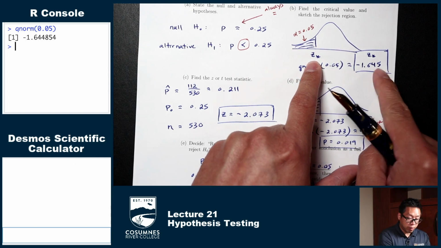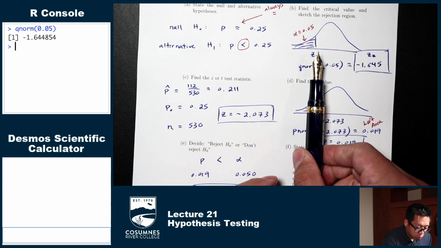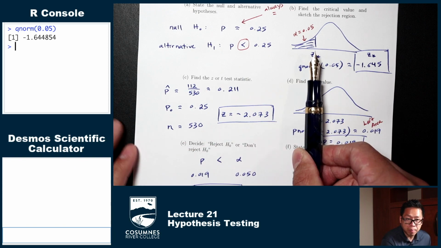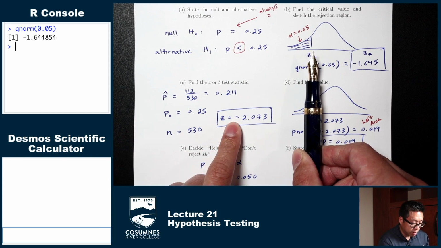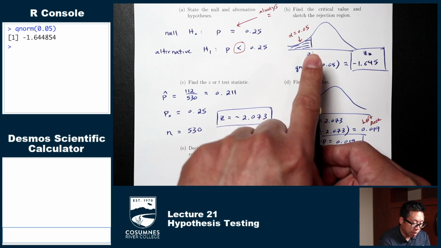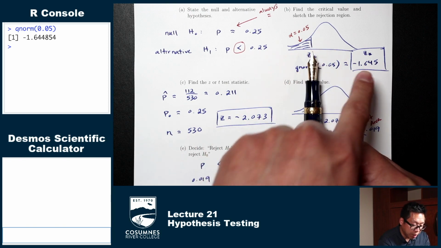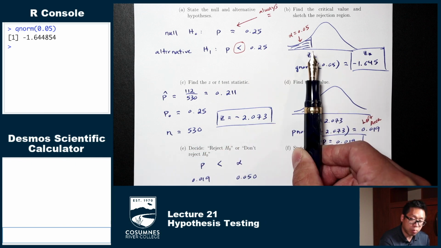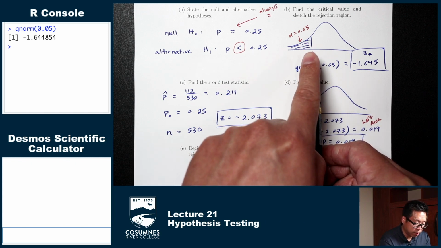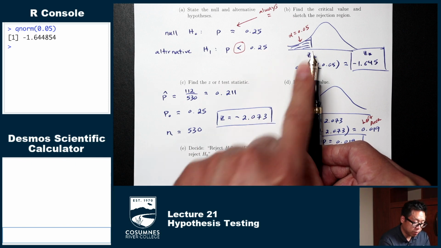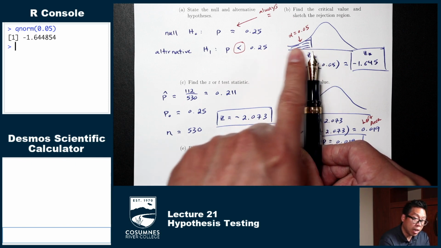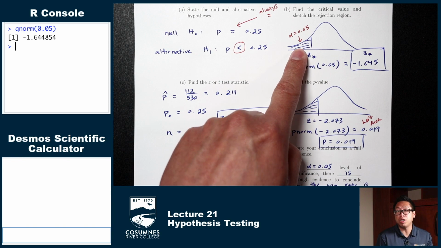This z star, which we found, is negative 1.645, so negative 1 something. The question is, negative 2.073, would that be to the left or to the right of negative 1.645? Negative 2 something on a number line would be to the left, which would put it in the shaded region.